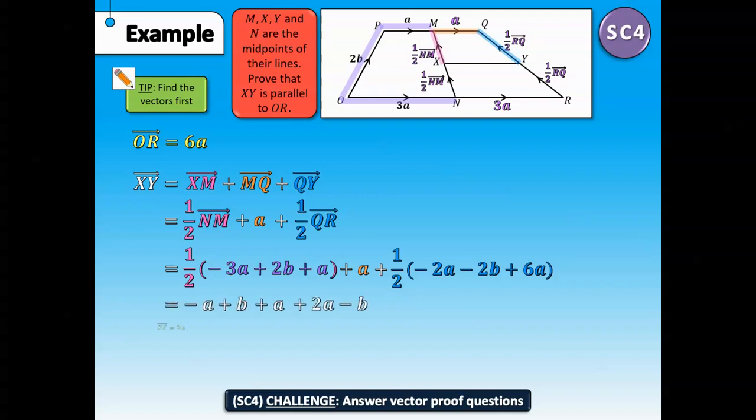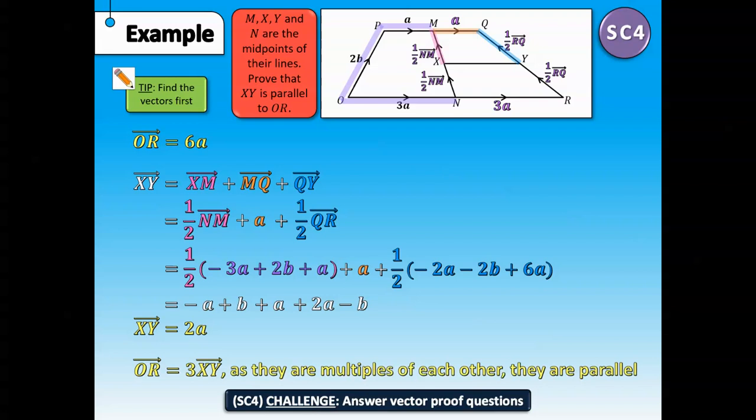So this simplifies to 2a. So OR is 3 lots of XY. So they must be parallel to each other.